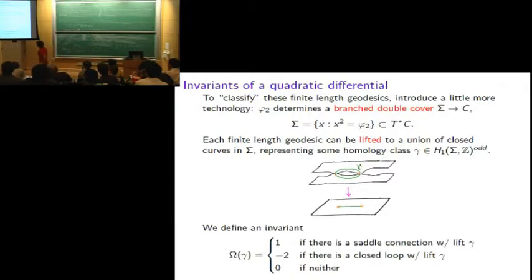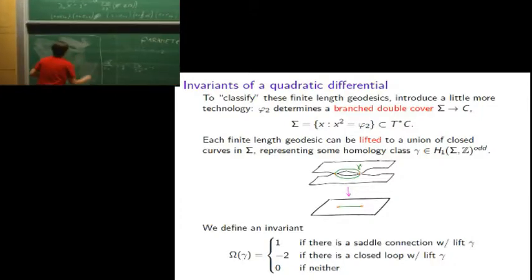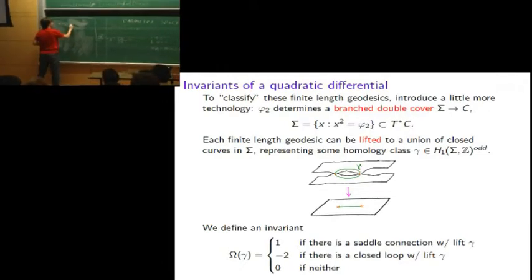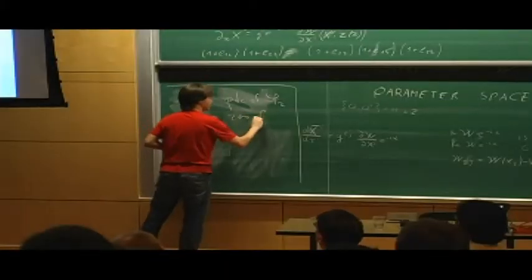Uh-oh. What's wrong? Yeah. No. Good. The orange x's are the zeros of the differential. The blue dots were the poles of the differential. Because this occurs frequently, let me record it. I always have this problem. So now and forever, the dot means a pole of phi 2, and the cross means a zero of phi 2.